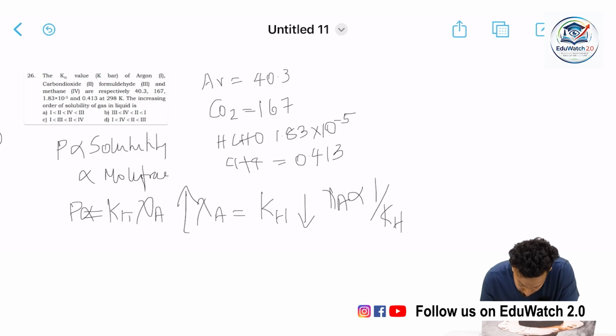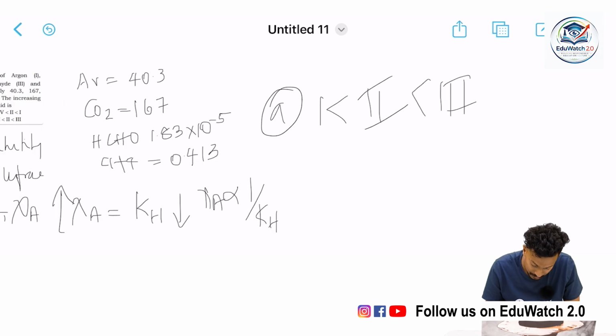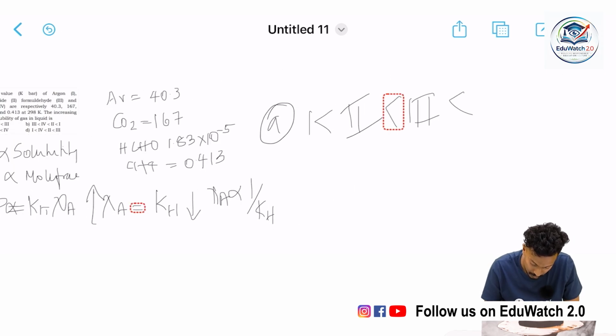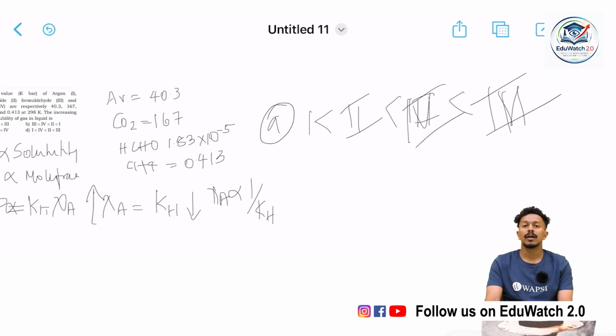Option A: one has the least, which is argon, then carbon dioxide, then methane, and lastly formaldehyde, right? 1, 2, 4 and 3. This is the increasing order of their solubility.